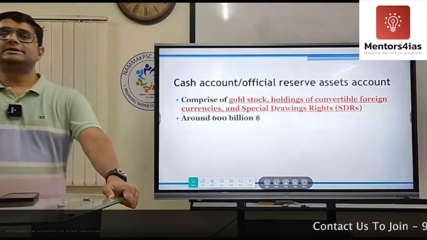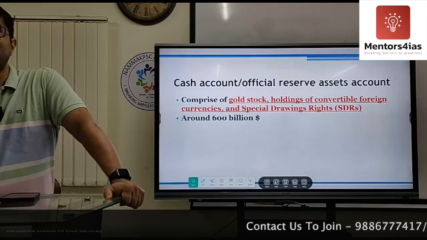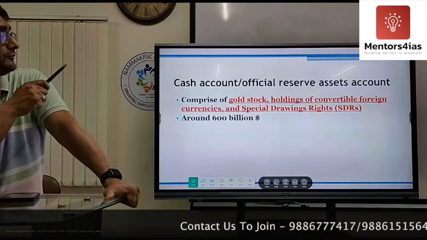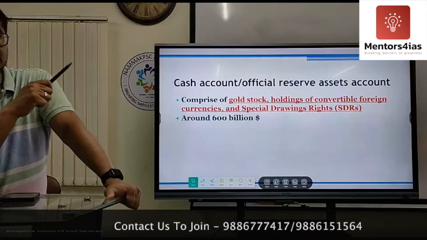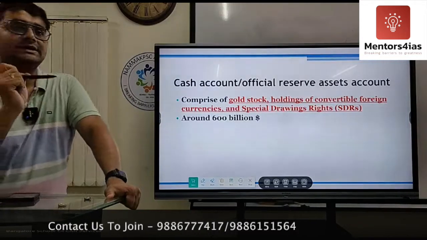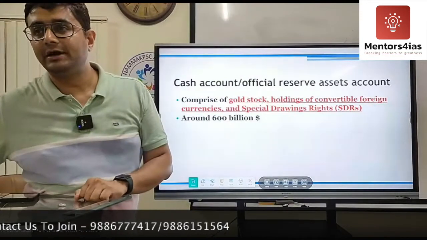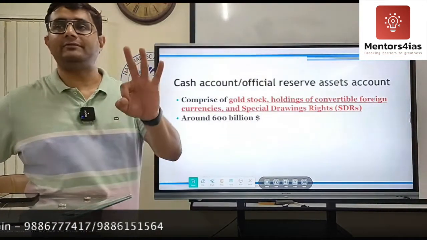And the third part of balance of payment is what? Your cash reserve or forex reserve, called the cash account or official reserve assets account. So it is nothing but your forex reserve. So in India, who maintains forex reserve? RBI. And RBI maintains this forex reserve in 3 forms.